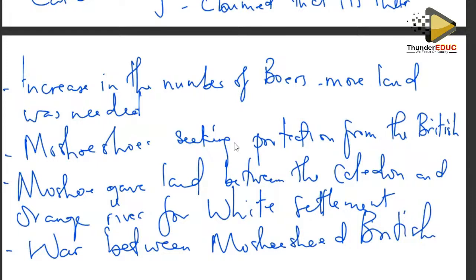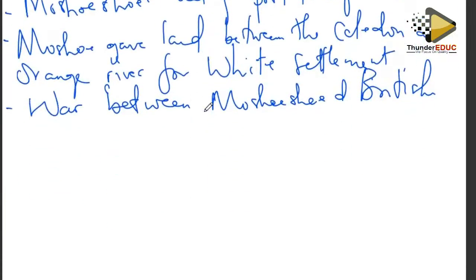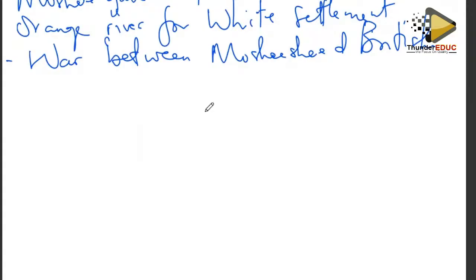So as you write your essay, you try to show that in whatever you are saying, there is an instance of cooperation and also there is an instance of conflict amongst those three groups. So you're focusing on the Basotho under Moshoeshoe, and you focus on the British, and you focus on the Boers. Right. So there's a lot that you can talk about in terms of cooperation and conflict on the Highveld.